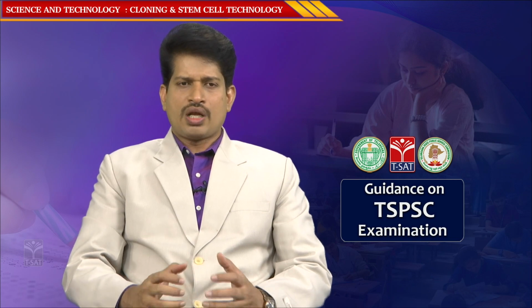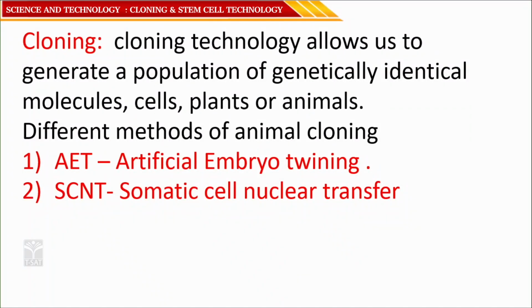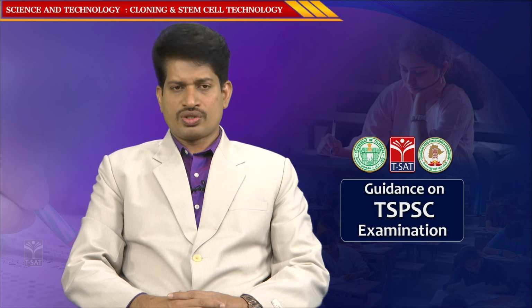Cloning technology allows us to generate a population of genetically identical molecules, cells, plants or animals. So in this process of cloning, we can not only manufacture a complete organism, an organ can be created, a cell can be created or molecules can be created as per our requirement in different conditions. How is this process of cloning done?